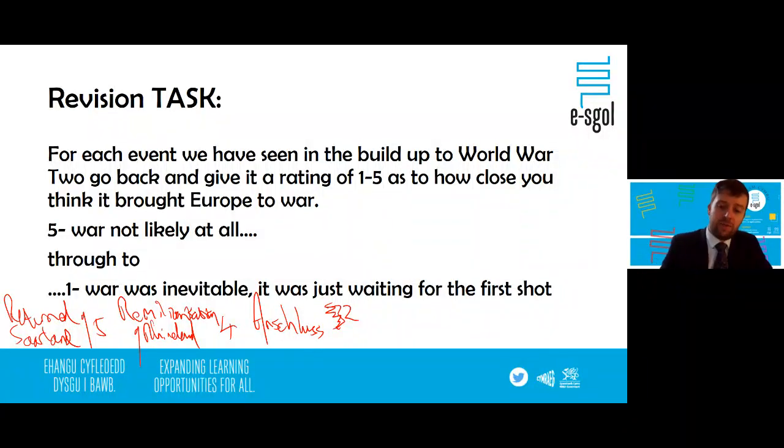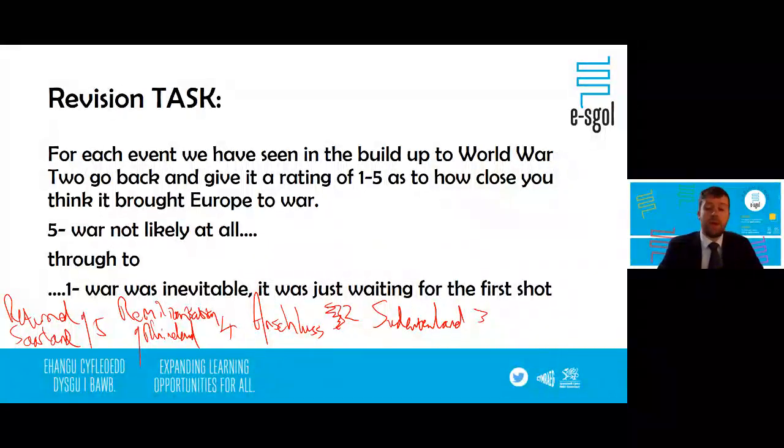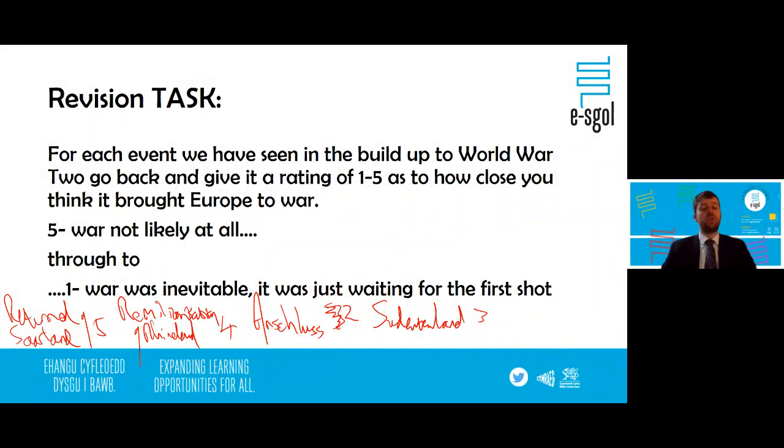Following this, we have the issue of the Sudetenlands. Now, I may be tempted here to go back to a 3, and I'll tell you why. It was following largely the same pattern as Anschluss, didn't it? The provocation of something that meant Hitler felt he could use the excuse of restoring law and order within the area.